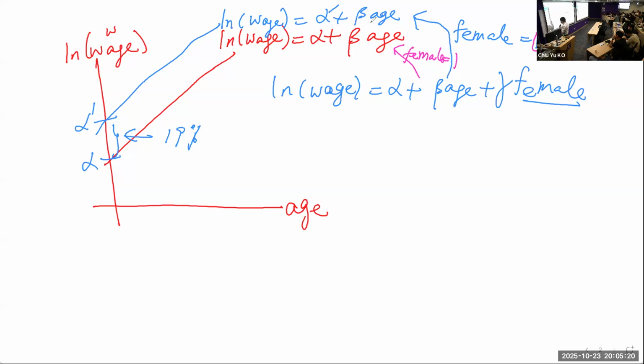And when we run the model with interaction, we are running a more generic model. Let me have a new page. Instead of parallel lines, what we are doing is the following.